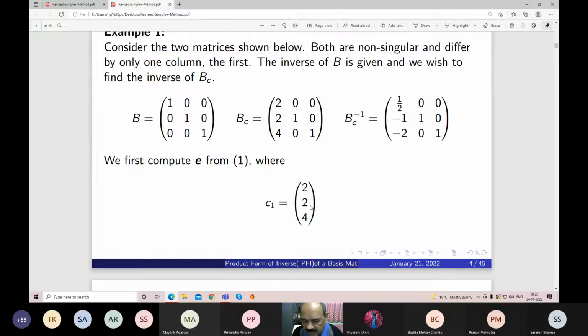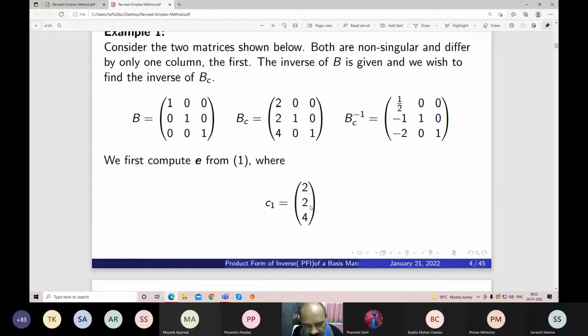That is the departing variable, departing vector. So the non-basic variable is entering, the basic variable is leaving. With respect to the non-basic variable, we have a non-basic vector. So where will you find it?